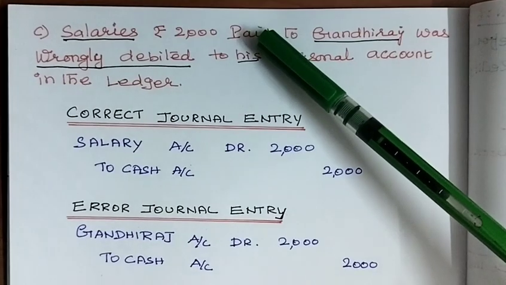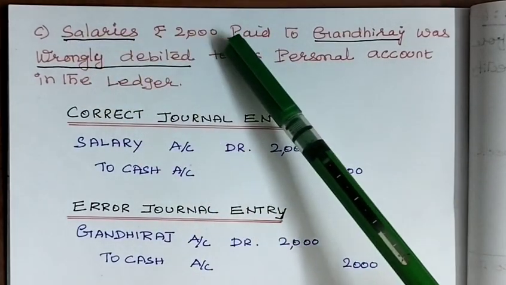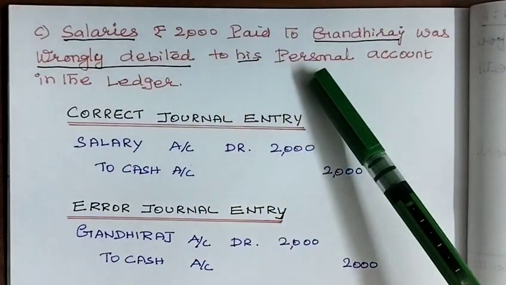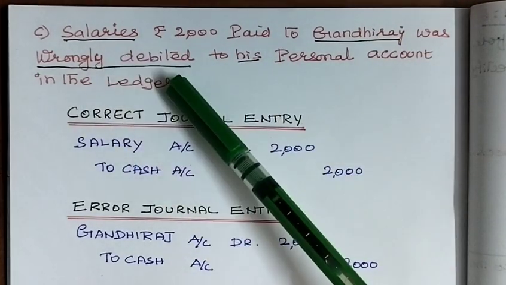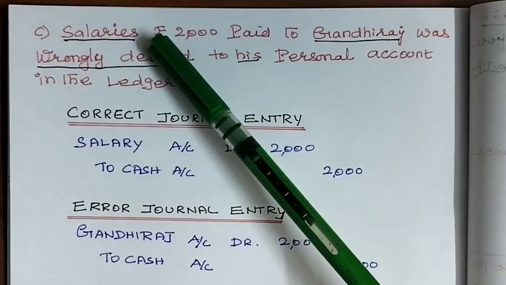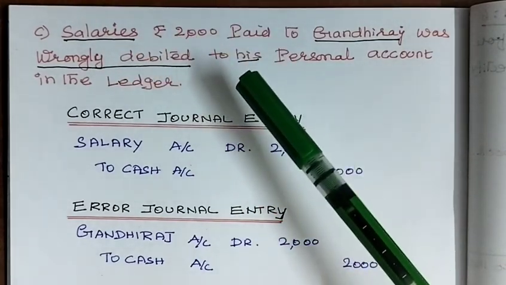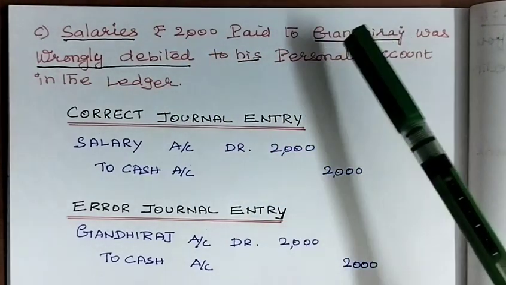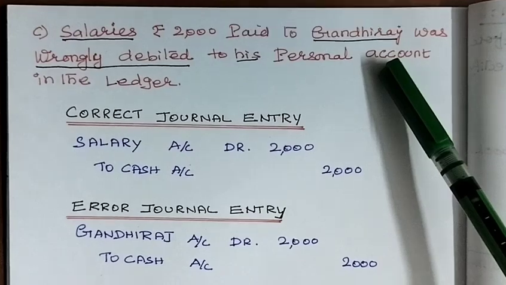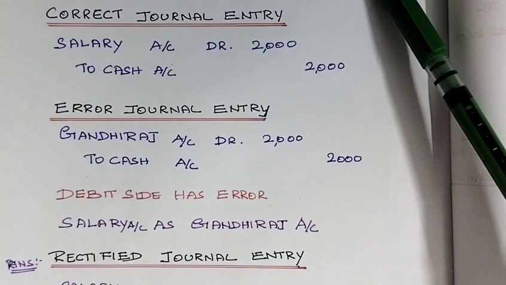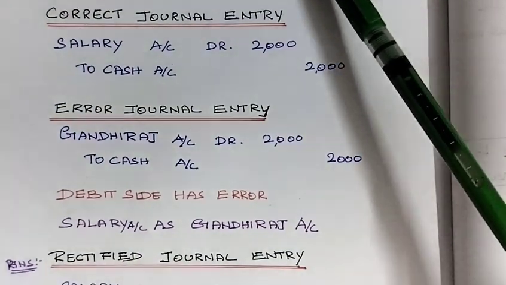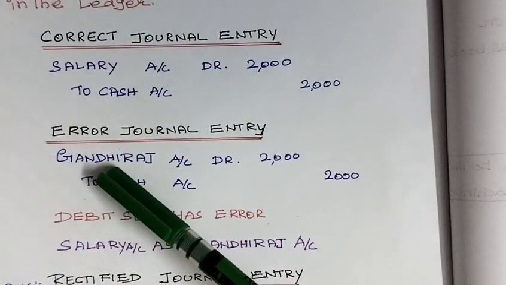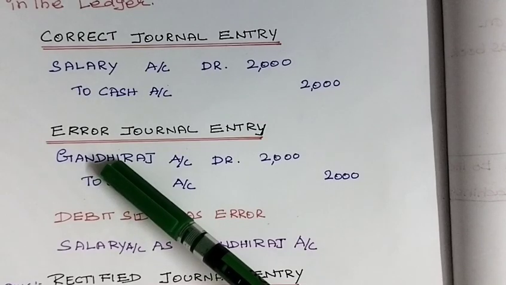Okay, where is the error? Listen: salary 2000 rupees paid to Gandhiraj was wrongly debited to his personal account in the ledger. Instead of the salary account, an accountant wrongly debited the Gandhiraj account, Gandhiraj's personal account. So where was the error? Wrongly debited means the error is in the journal entry. How did he post it?